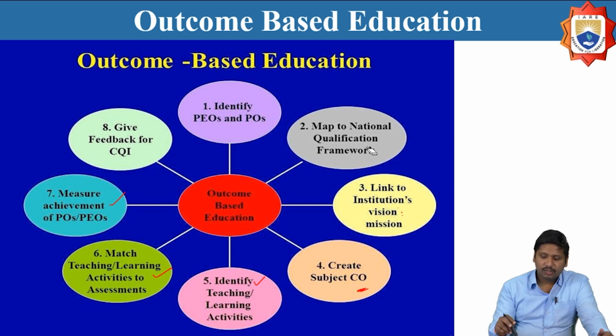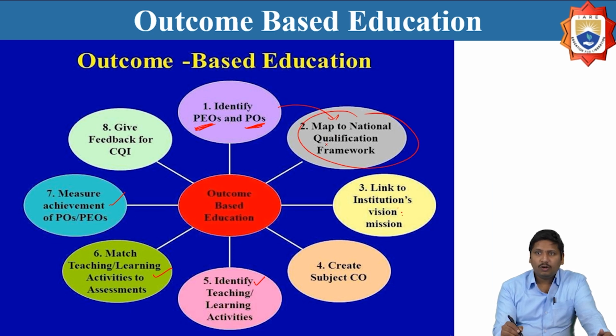So what should be done first? First of all, we identify the program educational outcomes and POs, and move on to mapping them to the national qualification framework. Then we link the institution's vision and mission to the above POs and PEOs.